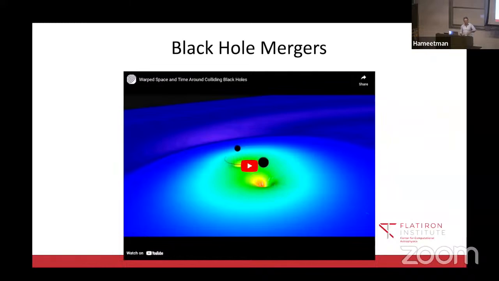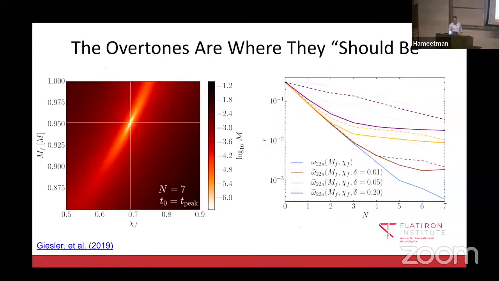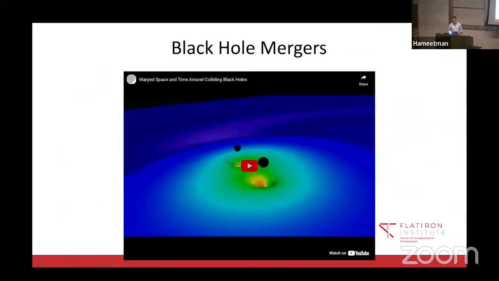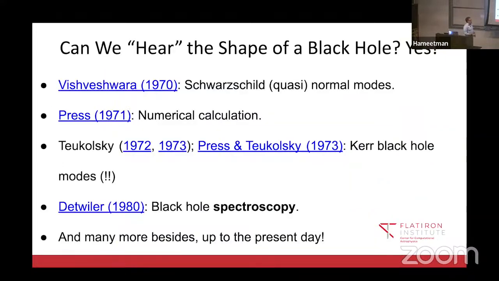The radiation right at the end of that simulation is coming out in eigenfunctions that have definite frequency and damping time. They have a complex frequency, in other words. This is now a 50 or 51-year-old field, including some of the first numerical calculations of the normal modes in Schwarzschild spacetime.